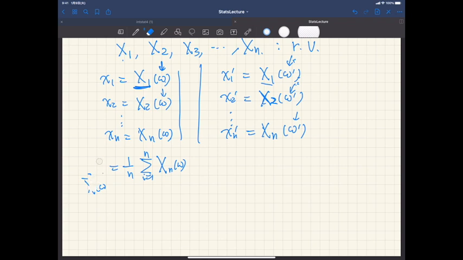I should write random variable x bar, right? So this omega is given, then this x bar takes some value. And similarly, this omega prime is given.